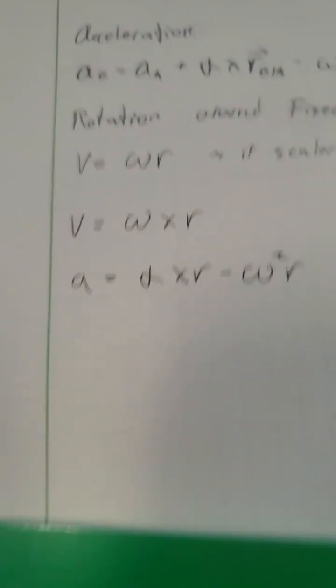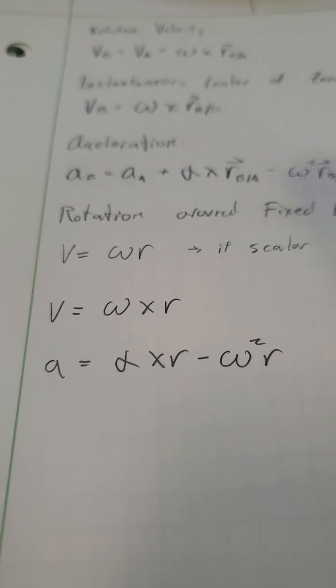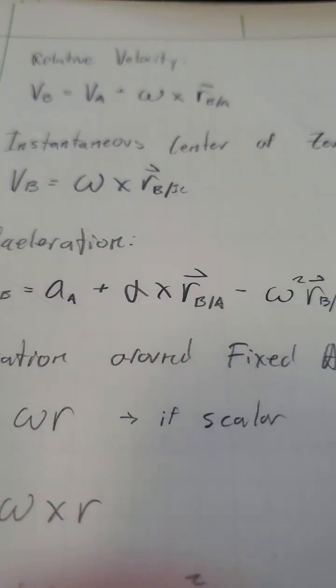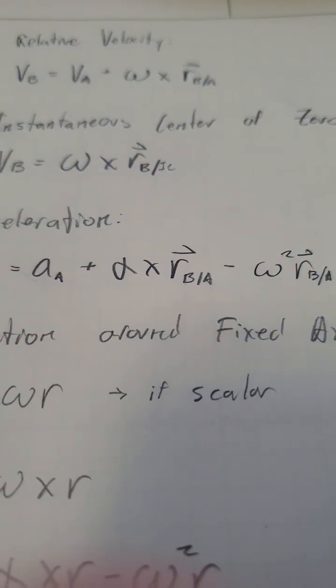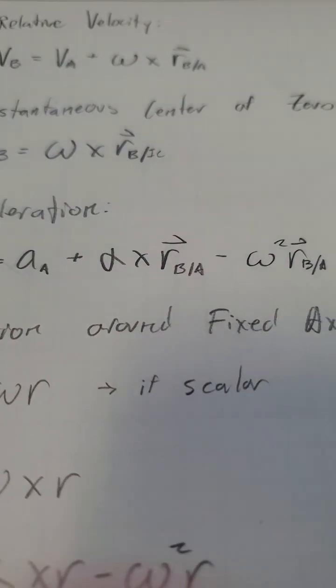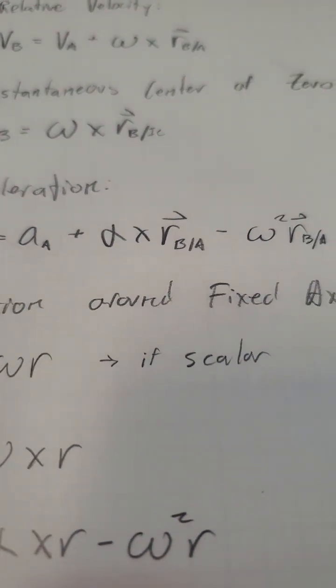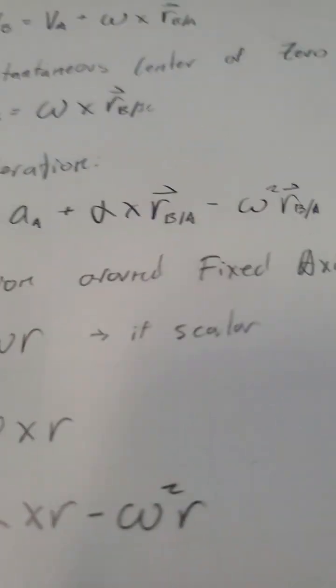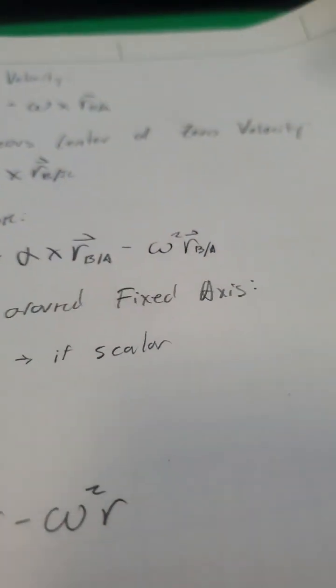Stuff like that. Pretty much really just using this equation quite a bit. The velocity at point B is the velocity of point A plus the angular velocity crossed with the distance from B to A. So yeah, lots of those questions.